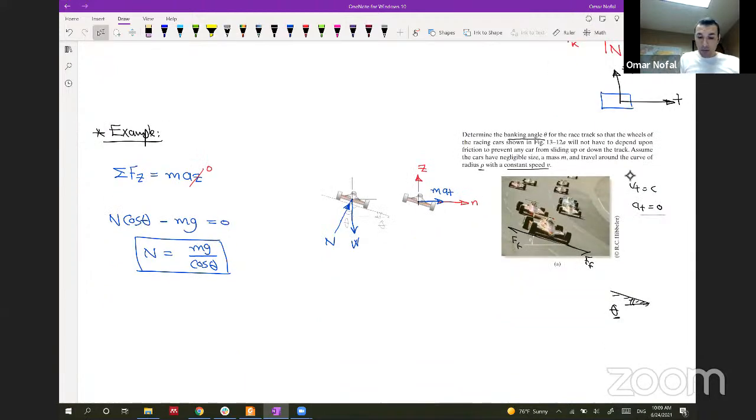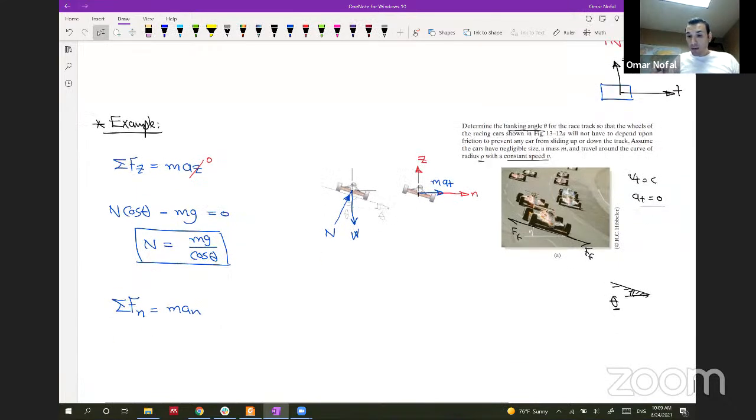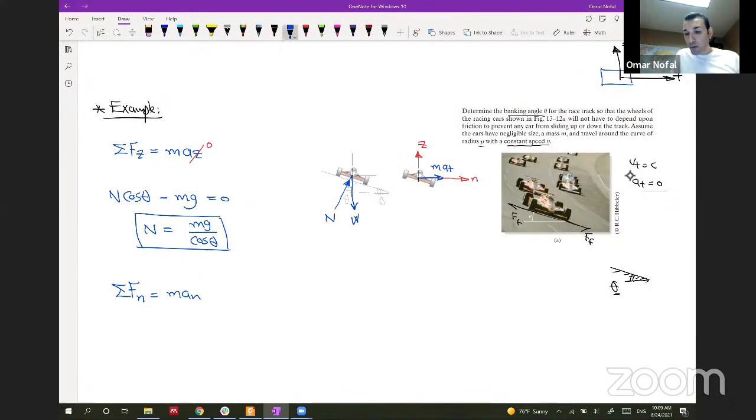And let's get the second one, which is the sum of forces in the normal direction equal to m a normal. In the normal direction, we will only have the component of n in this way. It should be, if n is in this way, we need the one like this, and we already got the one, and this is theta.